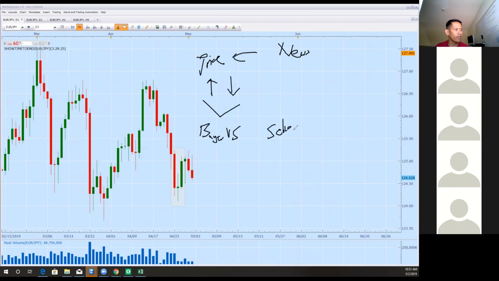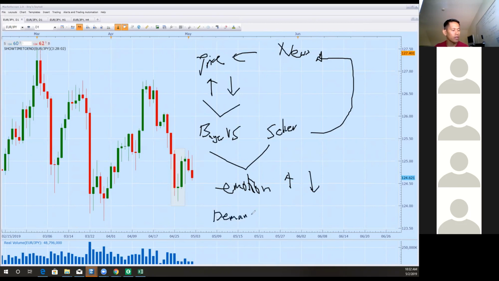They're defining their buying and selling based on news, which involves some form of emotion, either positive or negative. That emotion creates demand versus supply.